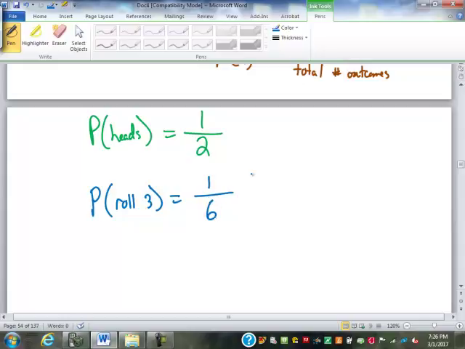No 20-sided, no tetrahedral, none of those. So yes, it is a 6-sided die. So 1 out of 6. And of course, we could convert that into a decimal if we wanted to, or a percent if we wanted to.